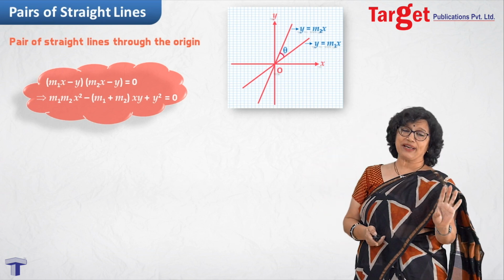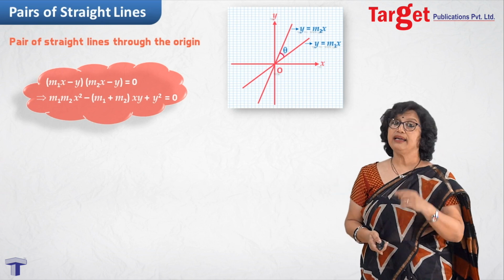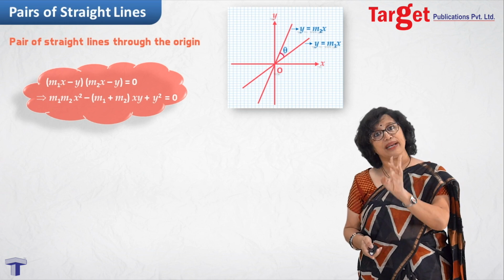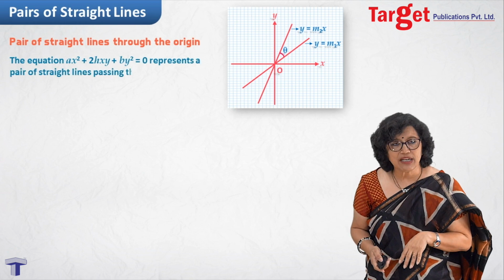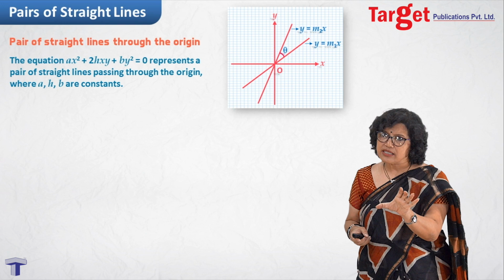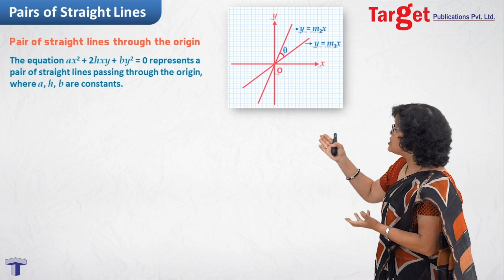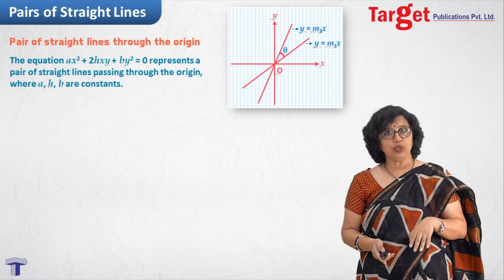Simplify. A term of x square would appear, a term of xy would appear, and a term of y square would appear. x square degree 2, xy degree 2, y square degree 2, means each term is of degree 2, right? So what we observe is that (y minus m1x) into (y minus m2x) equal to 0 would lead to one equation which is of the form ax square plus 2hxy plus by square equal to 0, right?